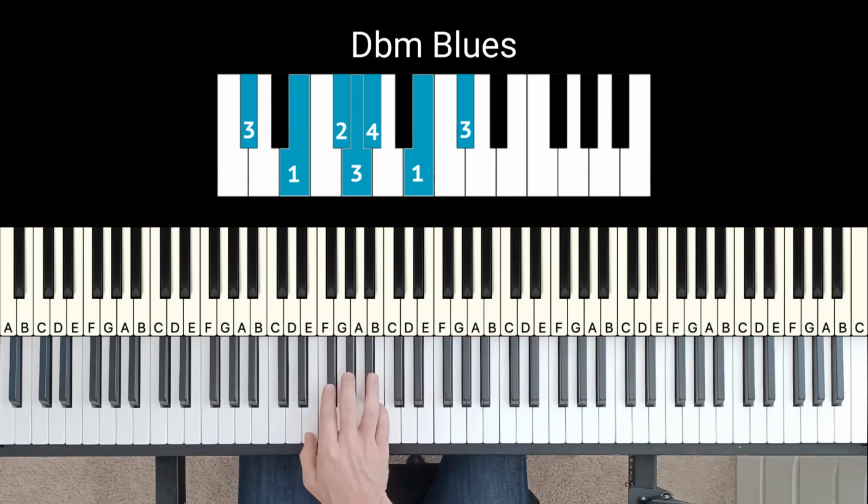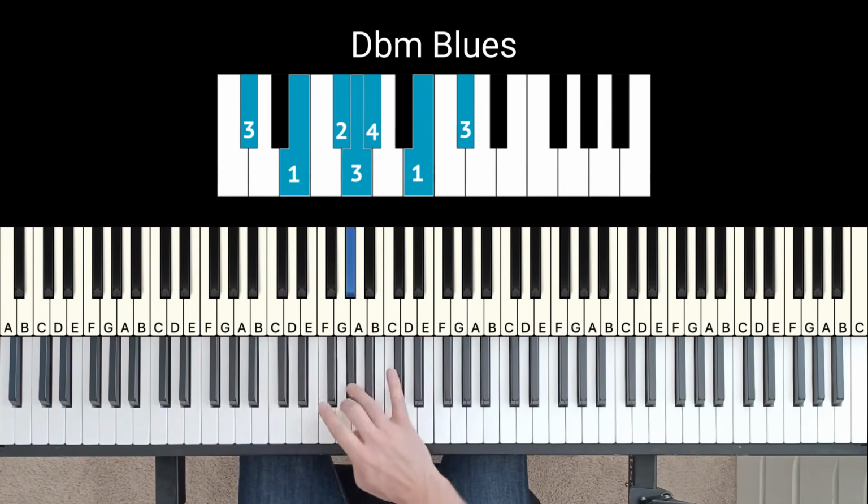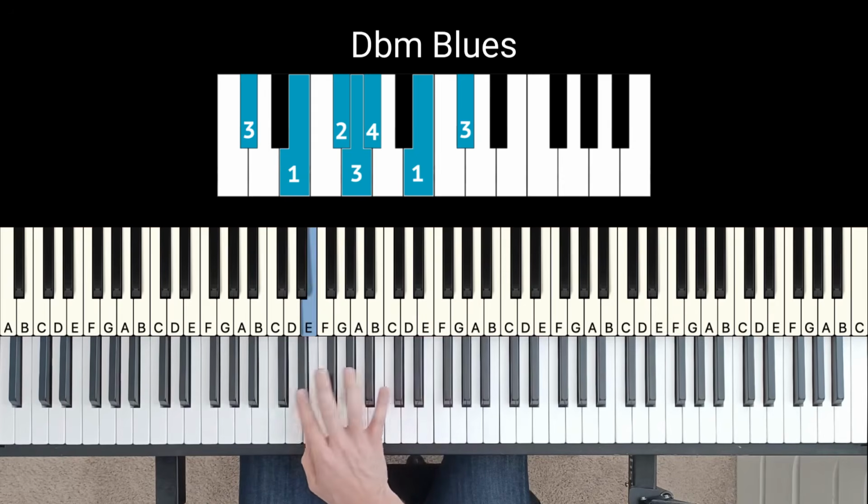And then we'll go to E and find my relative minor, which is C sharp. So I'll start here. And then 2 octaves.